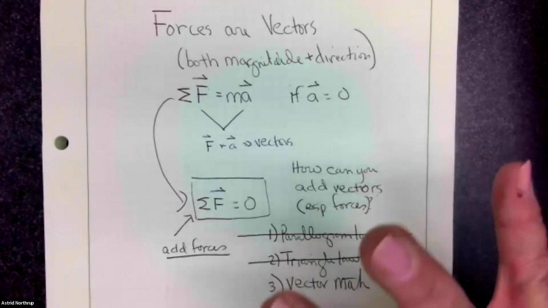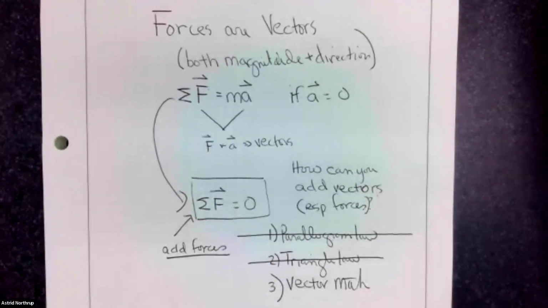The reason for that is everything that we talk about at the beginning, and this is a great attack method for solving problems in both statics and dynamics, we start working in 2 dimensions, and then we expand our discussion into 3 dimensions, okay? The parallelogram law and the triangle law will get you nowhere when we start talking about 3 dimensions. So the only thing that will work and will continue to work is vector math.